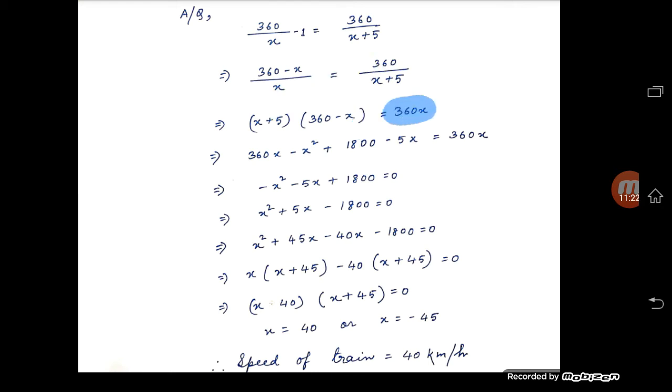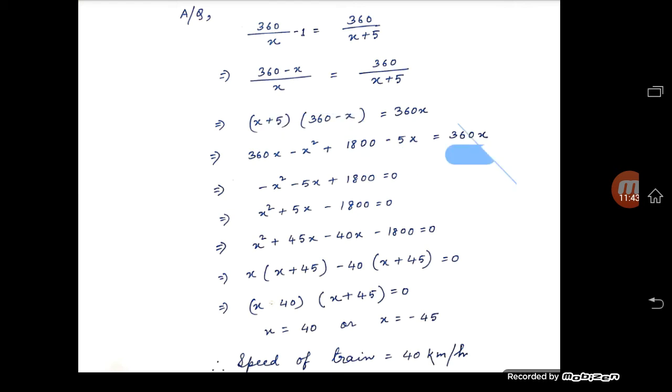Now we expand this. x into 360 will be 360x, minus x into x is x square, plus 5 into 360 is 1800, minus 5x. 360x will remain as it is.